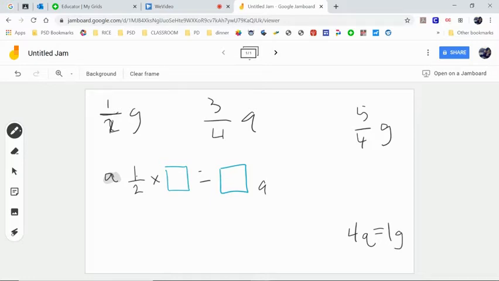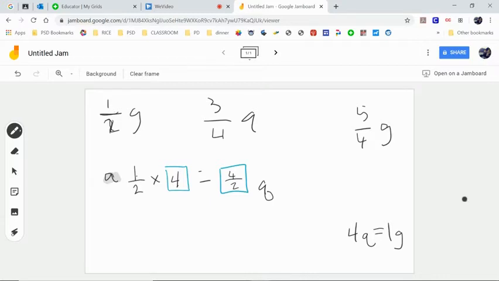Okay. So this 1/2 represents 1/2 gallon. So I'm going to multiply 1/2 by 4. I leave the denominator the same. Now I do 1 multiplied by 4 to get 4, and 4/2 quarts.